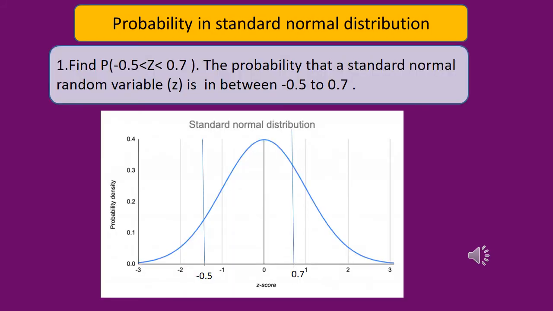What we need to do first is mark these two values in the Z curve. Minus 0.5 you need to mark there, and also 0.7.